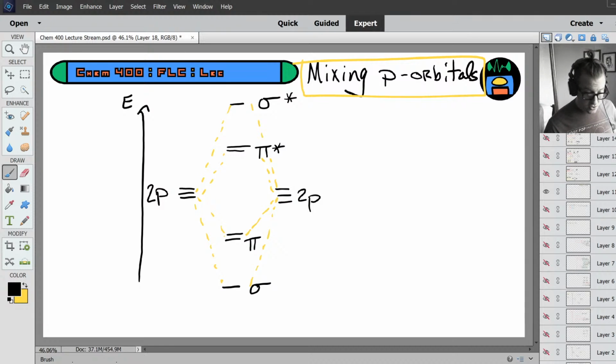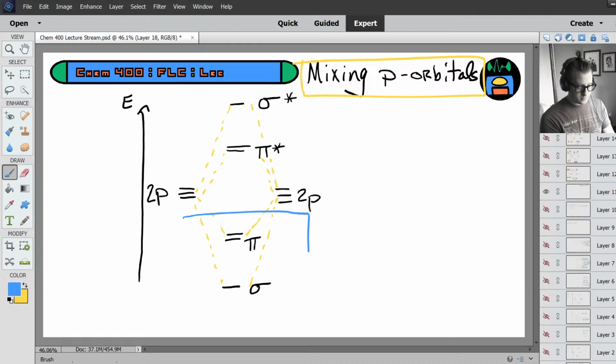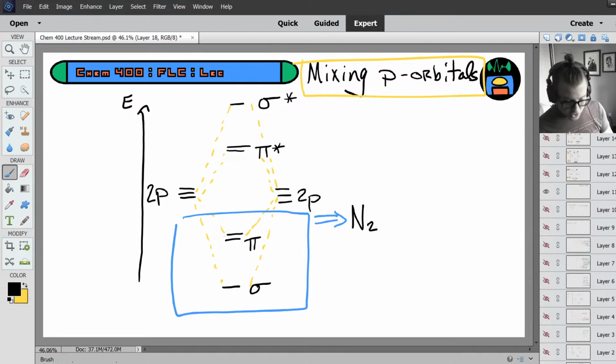So I said that these are the orbital energies that your orbitals will always fall in. I do have to say there's one exception. And the exception that you need to know is for nitrogen, for N2, the energy levels of the sigma and the pi switch places.